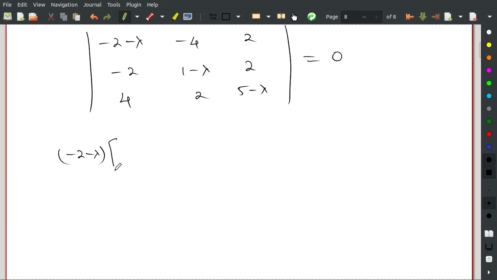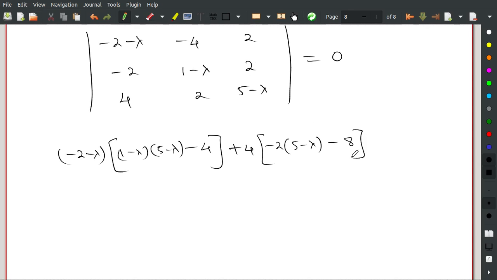So we have 1 minus lambda times 5 minus lambda, minus 2 into 2 is 4, right? And we have minus of minus 4 is plus 4 times, so we have to leave this column and this row. So we have minus 2 times 5 minus lambda minus 2 into 4, which is 8, right?